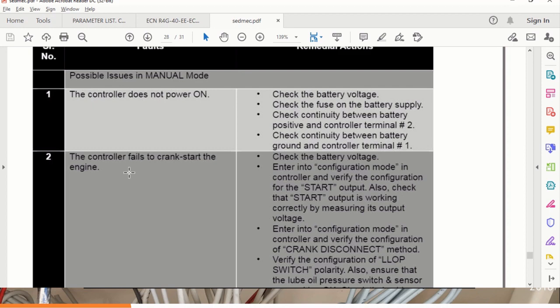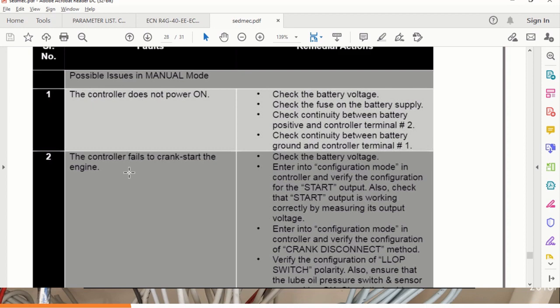It is not a problem like fuel not being there. If fuel is not there, it may crank, but it will not start further, and it will stop again because of non-availability of fuel. But here starting itself is the problem. That means the starting circuit has to be checked properly.